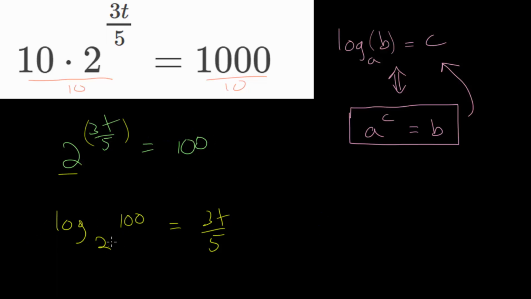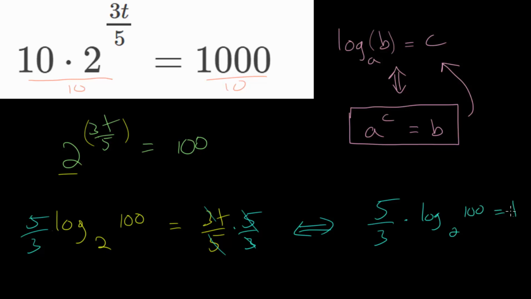We have log base 2 of 100 is equal to 3t over 5. And from here we can solve for t. We can multiply each side of the equation by 5 and divide by 3. And by doing so, the 3's cancel and the 5's cancel. So that we get 5 over 3 multiplied by log base 2 of 100, and this is equal to t.